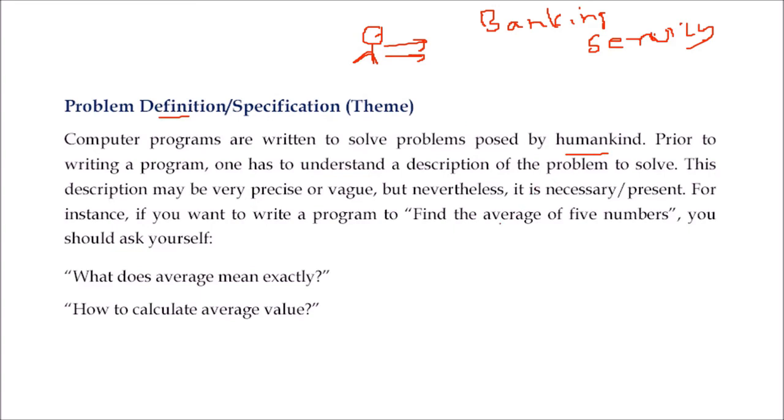First, just understand. If you are provided with a question like find the average of 5 numbers, you have to ask yourself first of all, what does average mean exactly, and how to calculate an average value. If you want to make banking services software, you have to go to the bank, the banking arena.